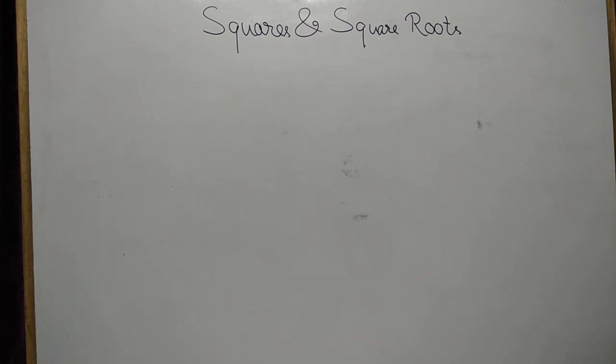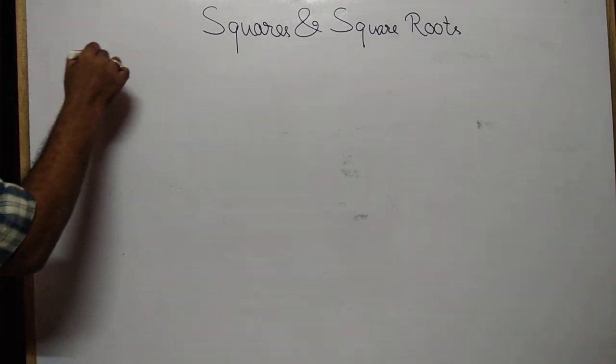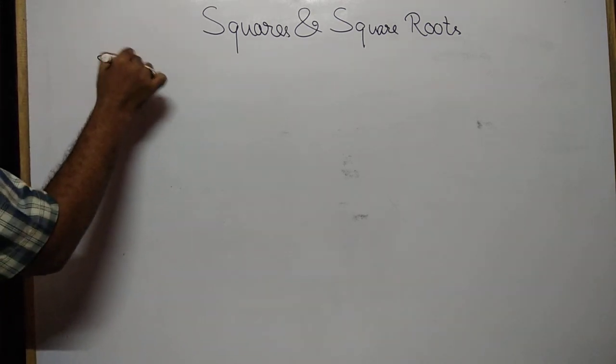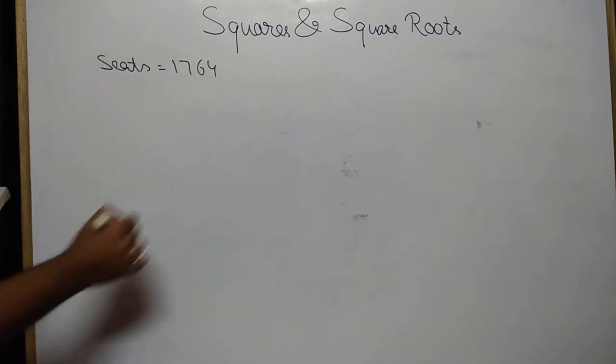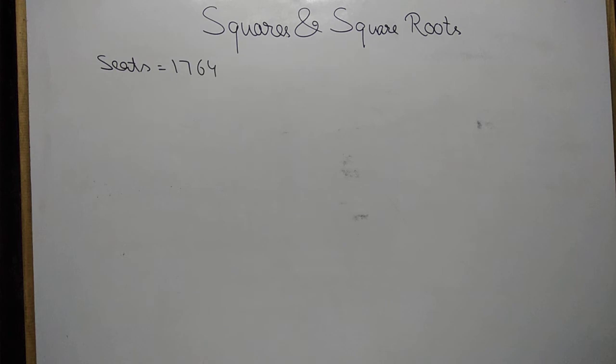the last fifth one. It says that a seminar hall has 1764 seats. Total seats are 1764. The seminar hall has this number of seats in form of rows, each row containing as many seats as there are rows.